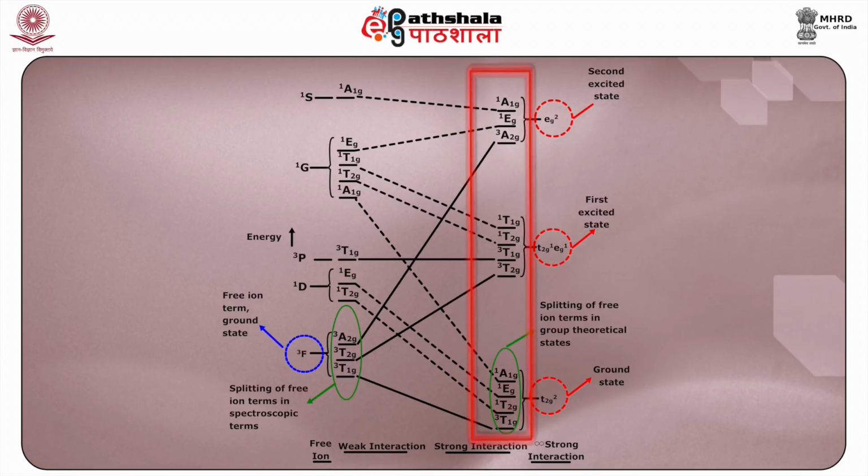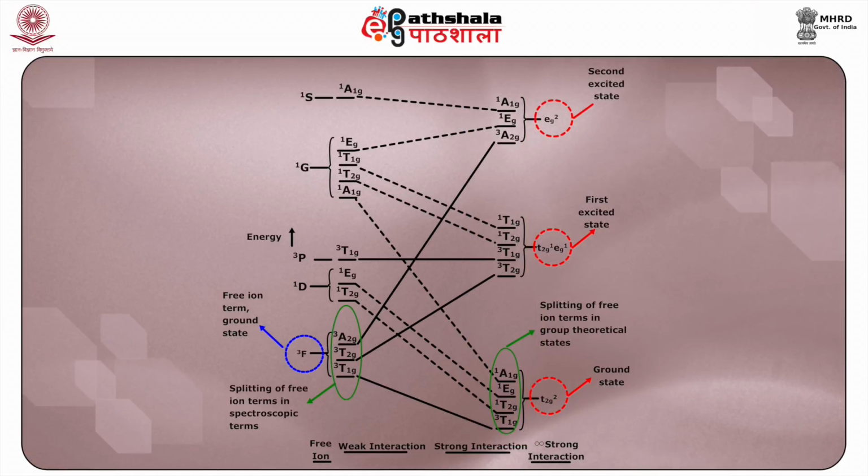The extremely strong field case is represented at the right end of the diagram, where group theoretical terms are represented along with the electronic configurations in their order of energy. Each free ion irreducible representation is then matched with the group theoretical states of the strong field with the same symmetry and multiplicity.